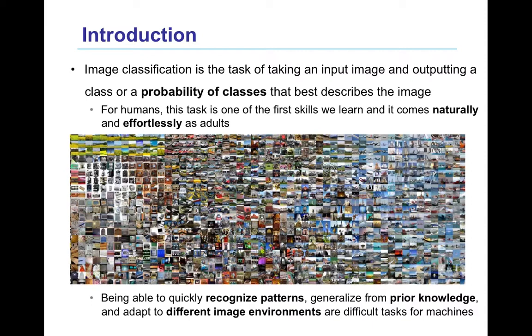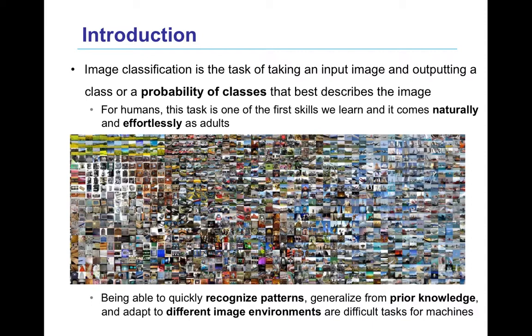And for humans, this task is one of the first skills that we learn. I put this image here because you guys are already doing it without even knowing, right? You're looking at those images and you're already classifying. You see something green in the beginning, you assume that it's a tree or plants. You see some coffee machines, some cars over there, some boats, and you are already classifying in your mind because you have prior knowledge for that, right?